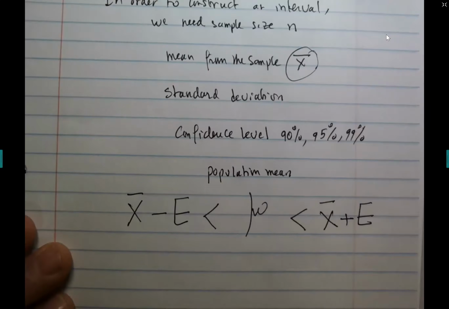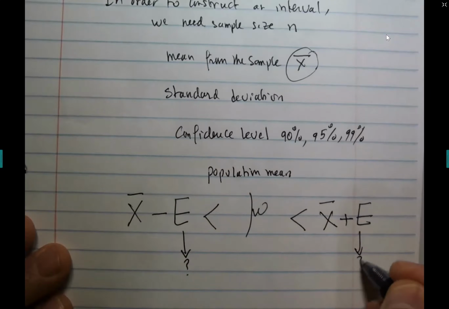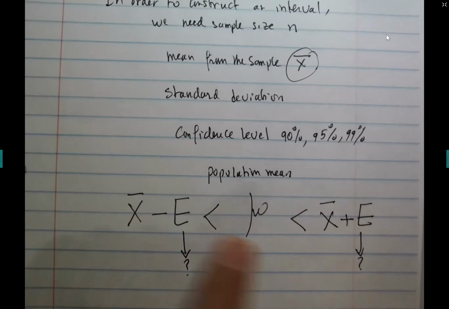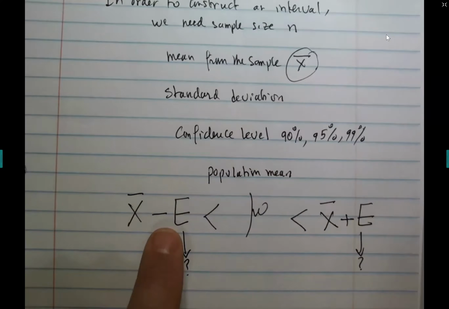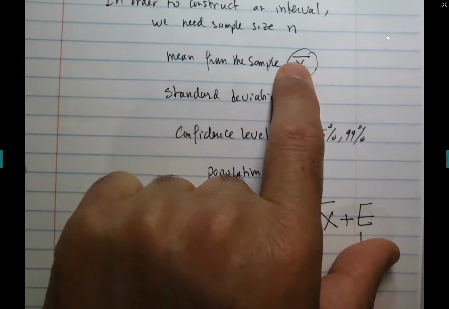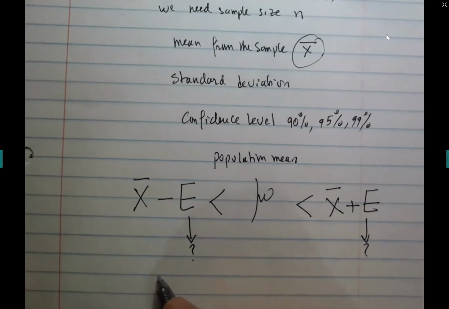So all I need to show you, guys, is how to find the margin of error. If I can show you how to find the margin of error, all you need to do is take the X bar value that's given to you, subtract E, take the X bar value that's given to you and add E, and you are done. You can put in the answer, and this is your confidence interval. Now, how do you find E? Let me show you how to find E.